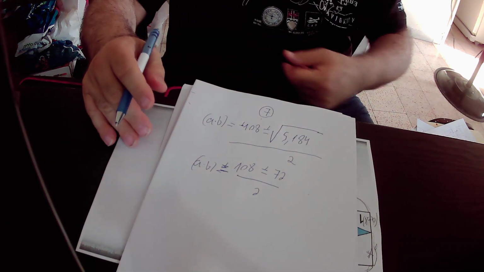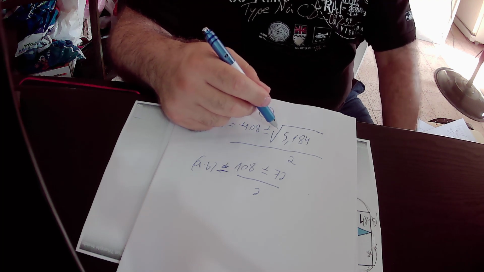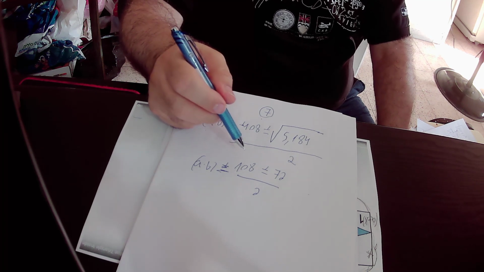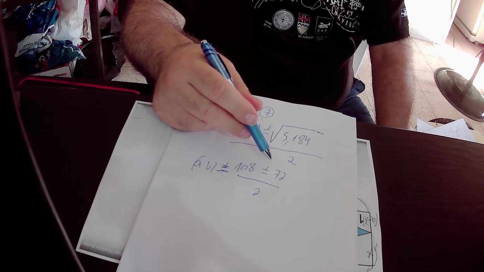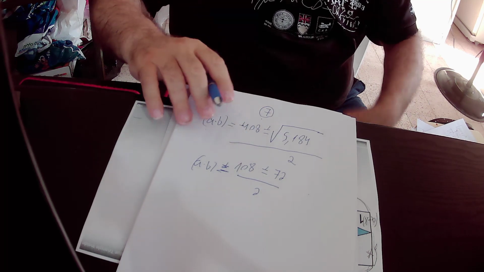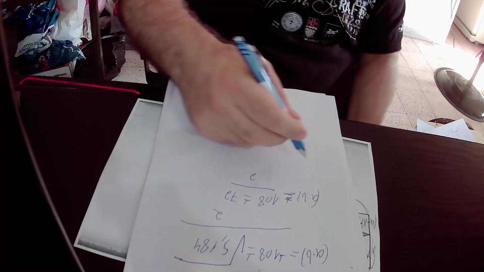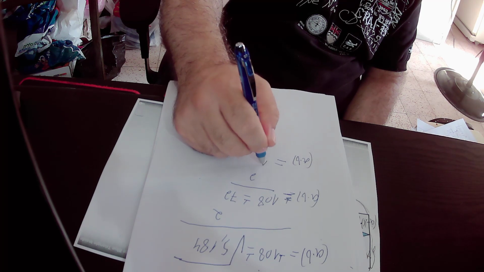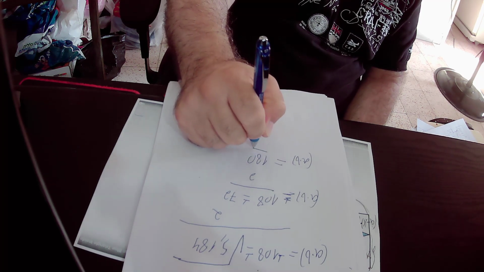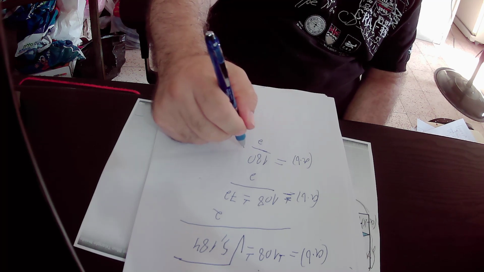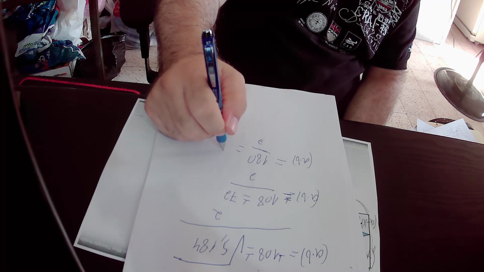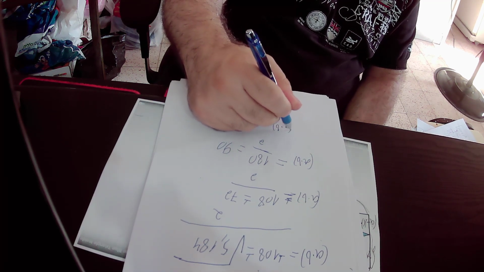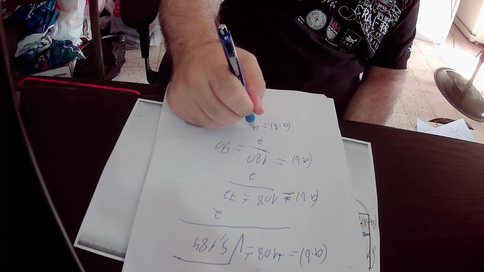As I've already told you, the root of 5,184 is 72, so we have 108 plus 72 divided by 2. 108 plus 72 is 180, and 180 divided by 2 equals 90. So the first solution for A times B equals 90 units.